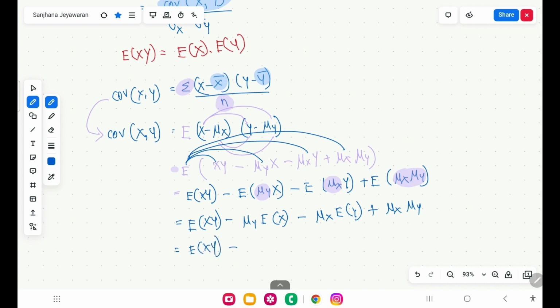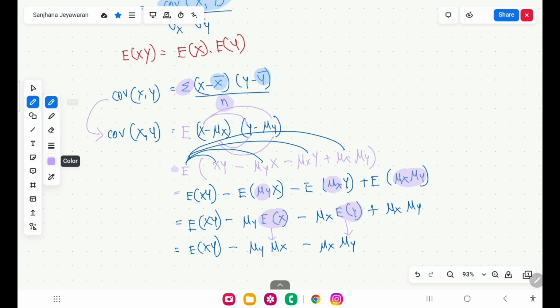Now you all know that expectation of x is actually what? I can write it as mu x. Likewise, over here, expectation of y, I can write it as mu y. I hope you all got that. Expectation of x became mu x and expectation of y became mu y.